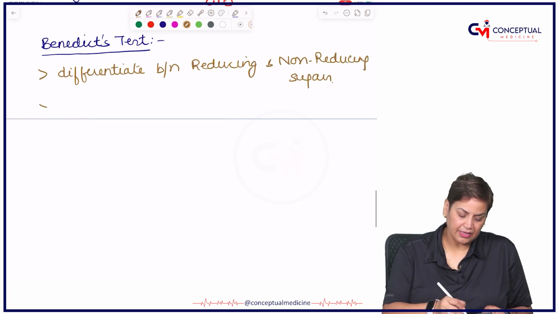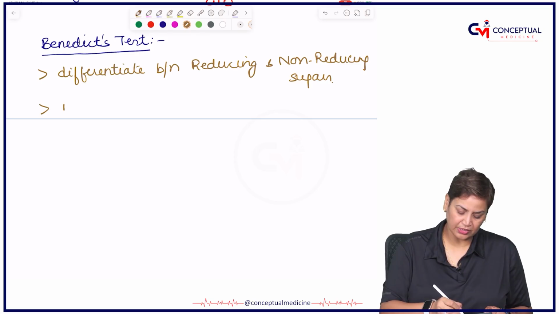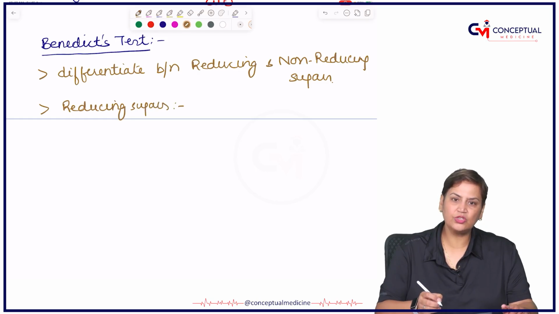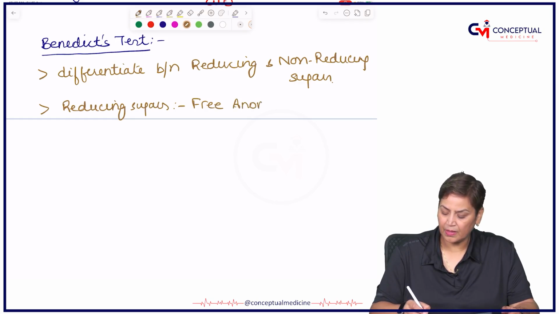And this is a test which can detect the presence of abnormal constituents, because I have already explained what reducing sugars are. This you should know by heart. Reducing sugars are the sugars which have a free anomeric carbon atom, which is C1 actually.